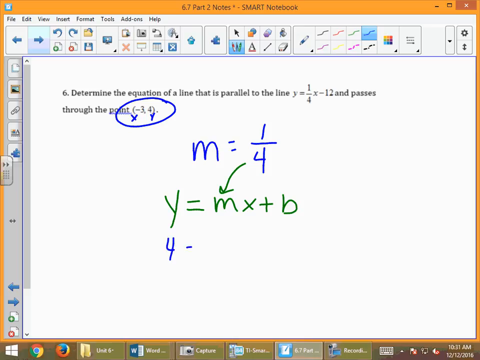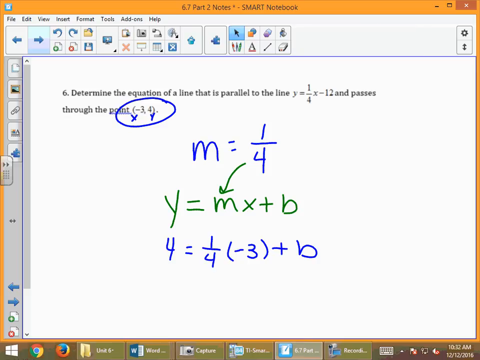4 goes in for y, 1/4 goes in for your slope, negative 3 goes in for your x, plus b. You solve. What's 1/4 times negative 3? You solve on your calculator. 1/4 times negative 3. What does that give us? Negative 3/4.